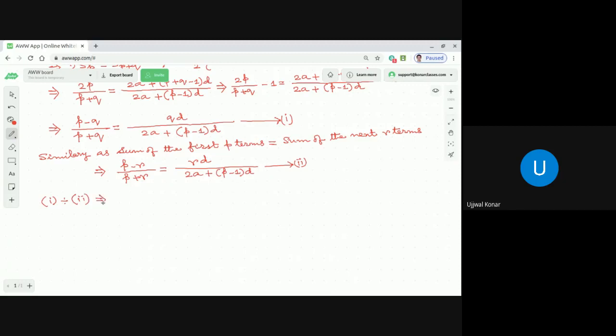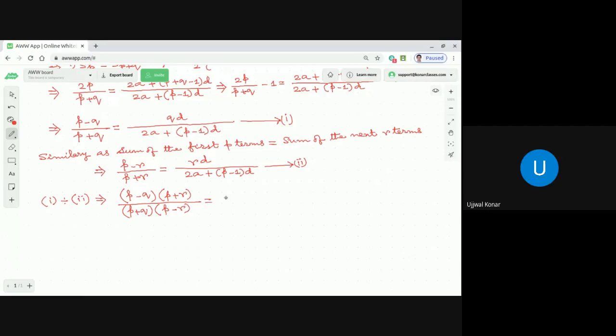What are we going to get in the left hand side? P minus Q by P plus Q, into P plus R, divided by P plus Q into P minus R. Yes. All of you agree with me? Yes.